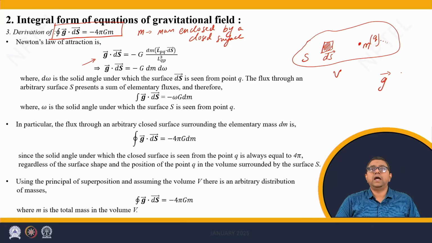This is located at the point Q, and the ds is located at the point, say, P. Thus the distance between these 2 points is LQP.